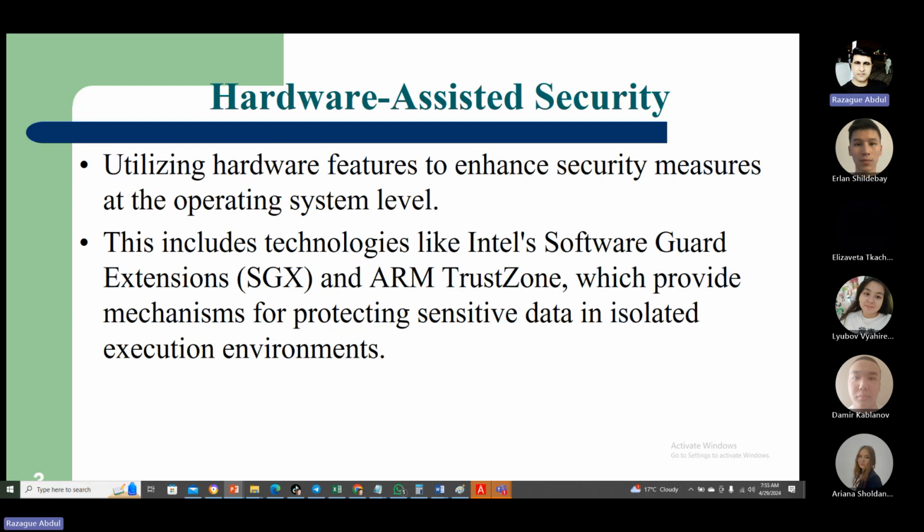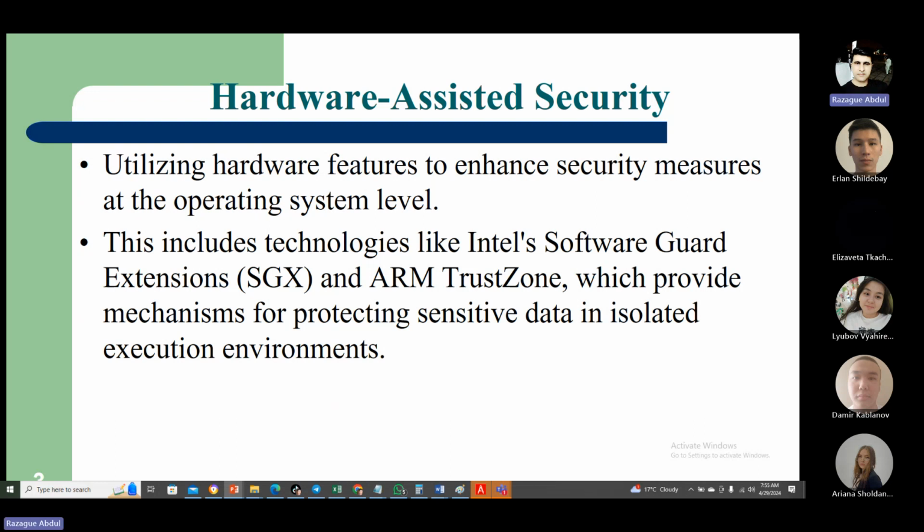This topic leverages the intrinsic capabilities of hardware components to fortify software and data security. It addresses the vulnerabilities that software-alone solutions cannot effectively mitigate.